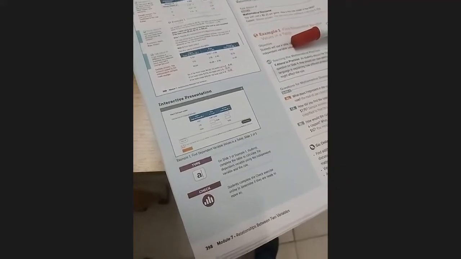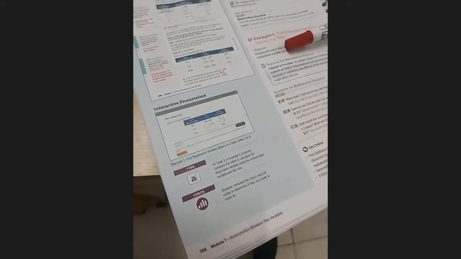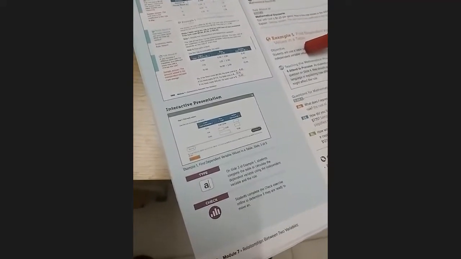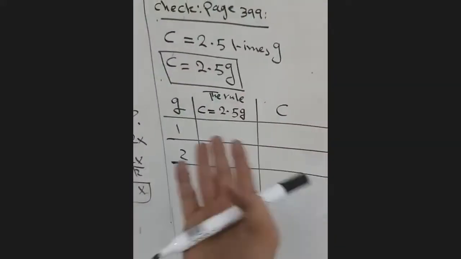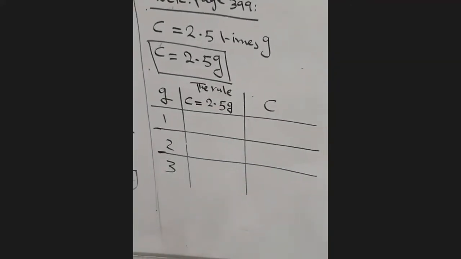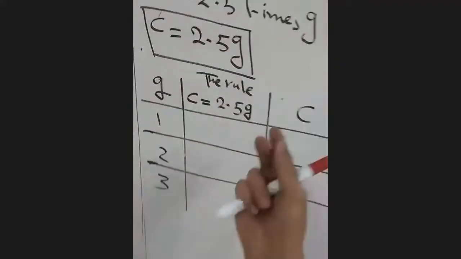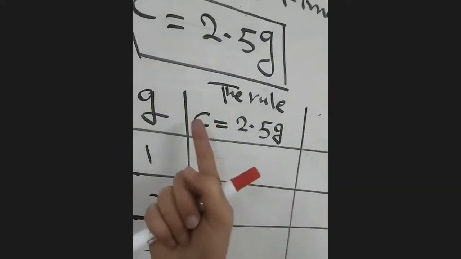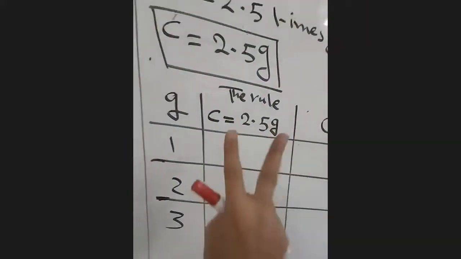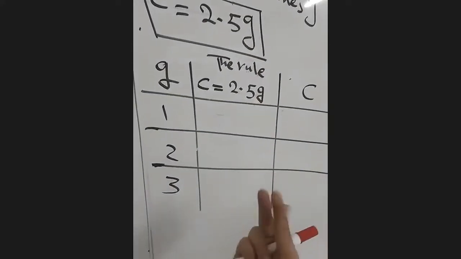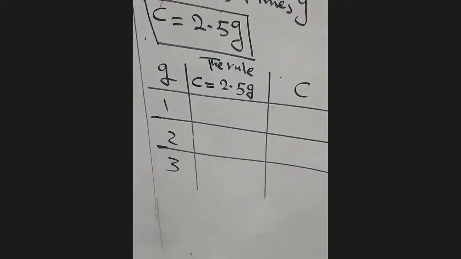Now let's find the first one. What's the given? We have two variables, C and G. What's the given, C or G here?